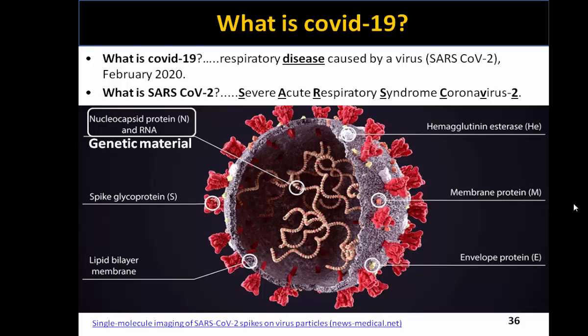The virus is highly infective because of something you may have heard about in the media or in other articles, the S protein or the spike protein, which is the antigen that our immune system will attack in an attempt to neutralize the effects of the virus.